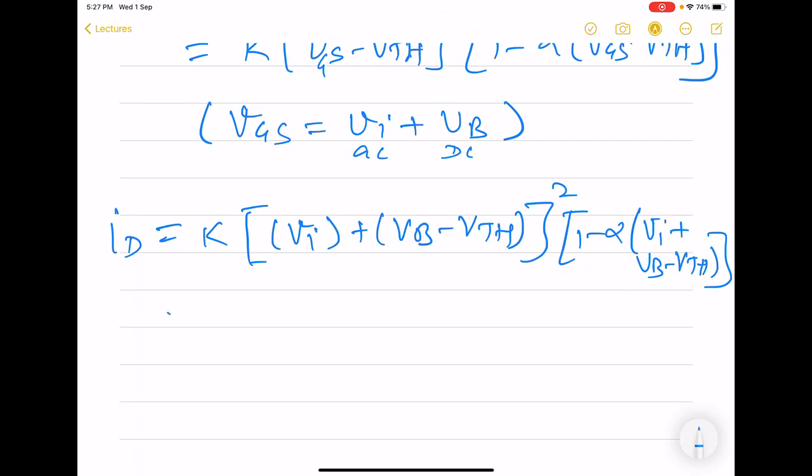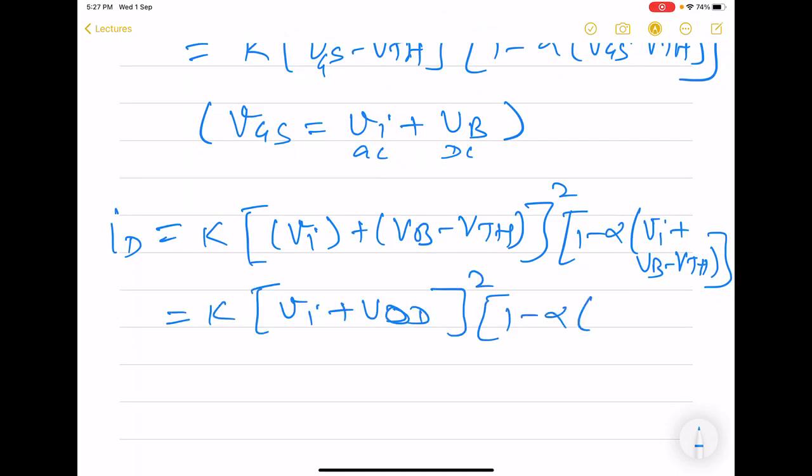So here we can call the DC part the overdrive voltage, just to make the expressions compact.